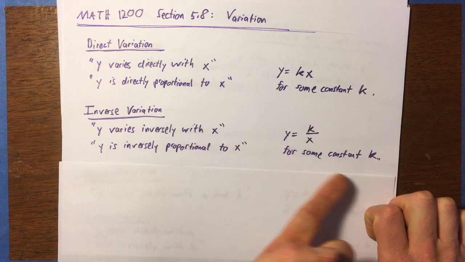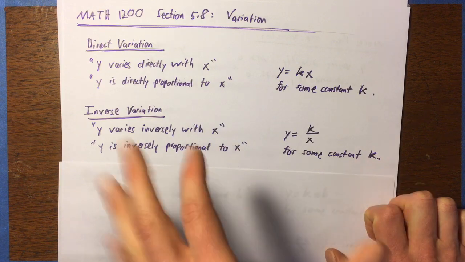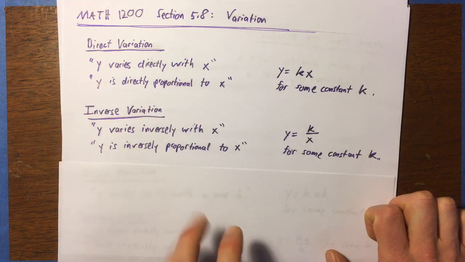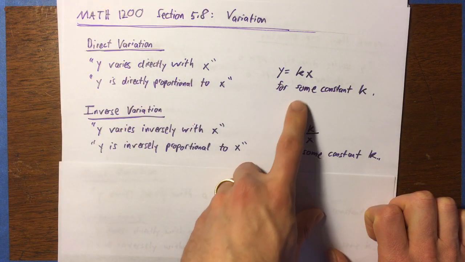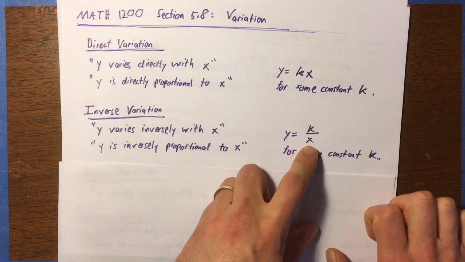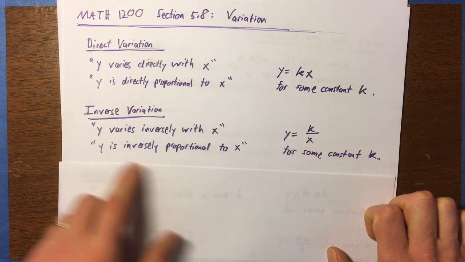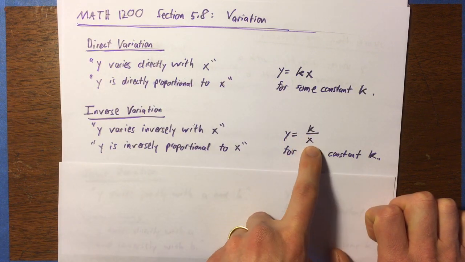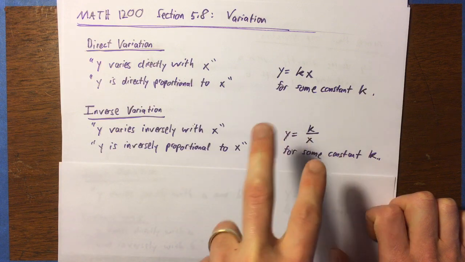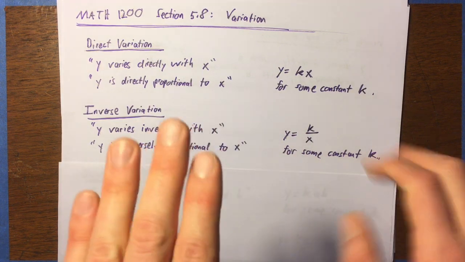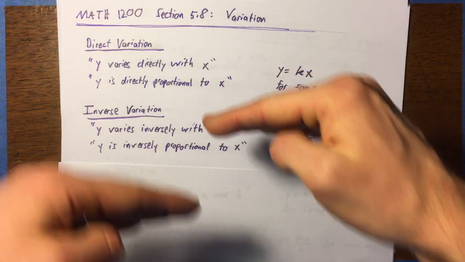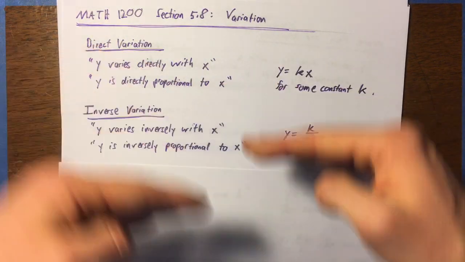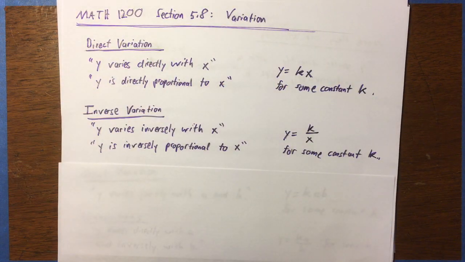So you still have this constant of proportionality that controls exactly how the relationship works, but instead of being a multiple of x, it's a multiple of the reciprocal of x. Okay, so x ends up in the denominator. This makes it so that if x gets bigger, y gets smaller, and if x gets smaller, y gets bigger. That's why it's called inverse, because one goes up and the other goes down. They have this opposite relationship with one another.